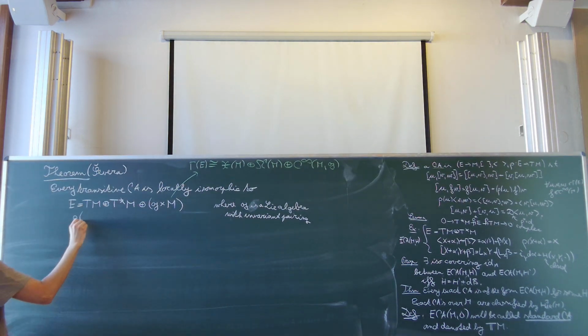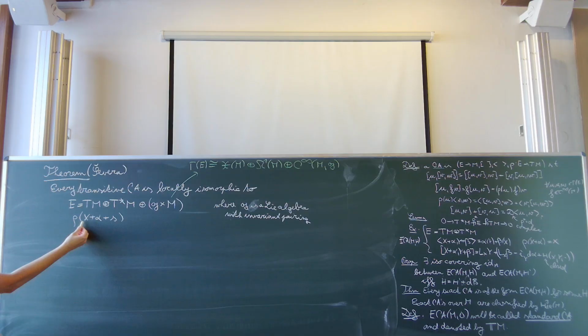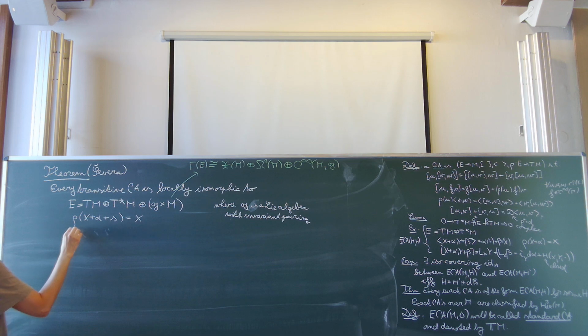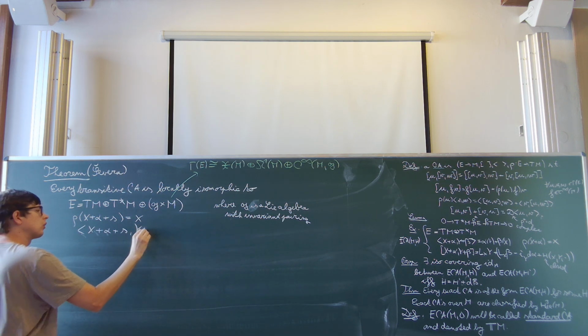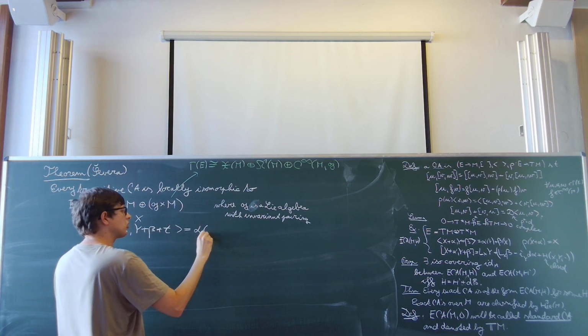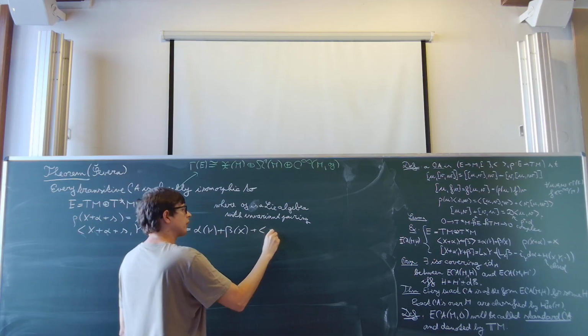So the anchor map: let's say a section is a vector field, a one form, and a G-valued function. This is just X. And the pairing will be as before, alpha y plus beta x plus the pairing in the Lie algebra.